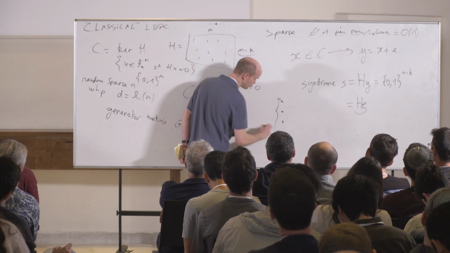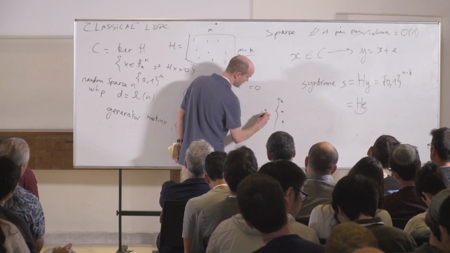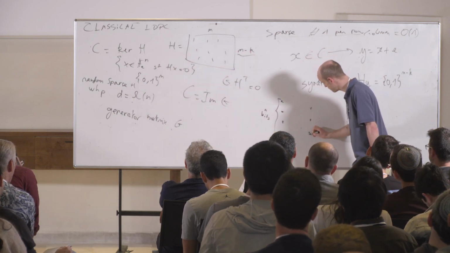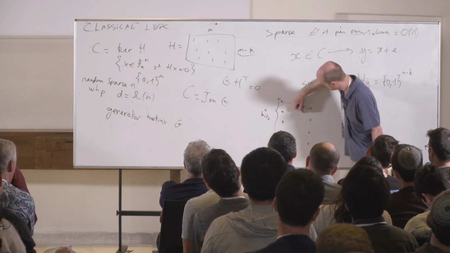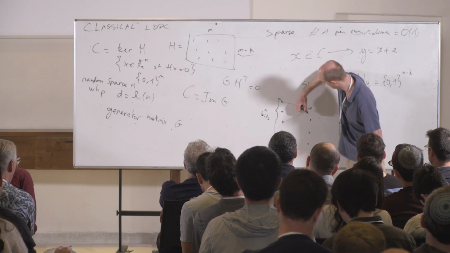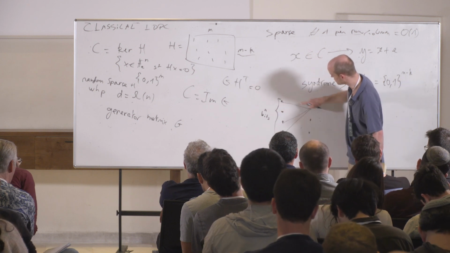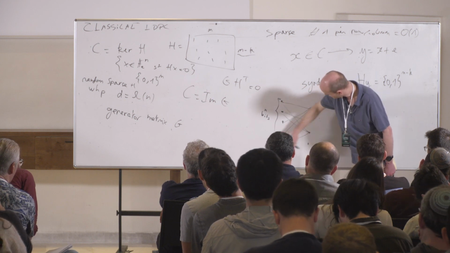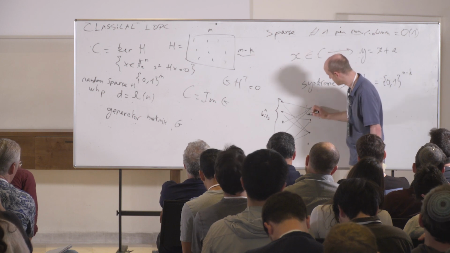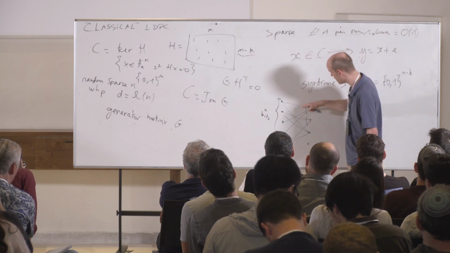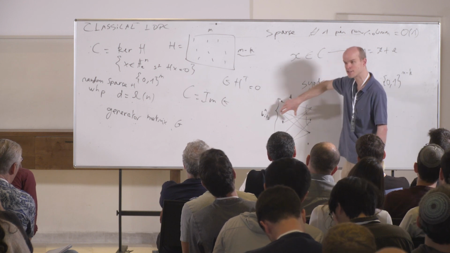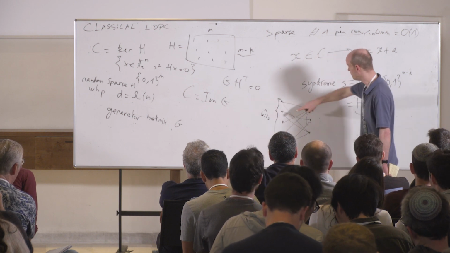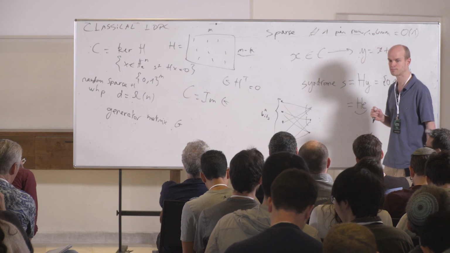You put your n bits as a set of vertices, you put the n minus k equations as a different set of vertices, and every time an equation involves a bit, you connect them. Because the matrix is sparse, the degree is constant, so you have a sparse graph, and you can use that sparse graph to build efficient decoding algorithms. The sparsity really helps you.